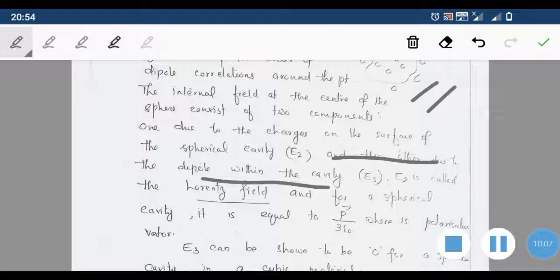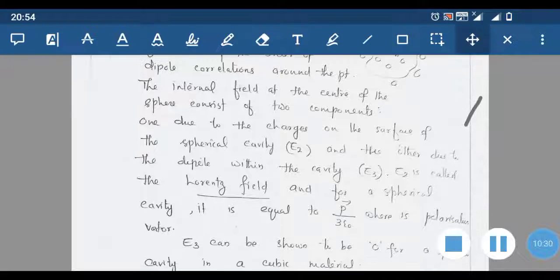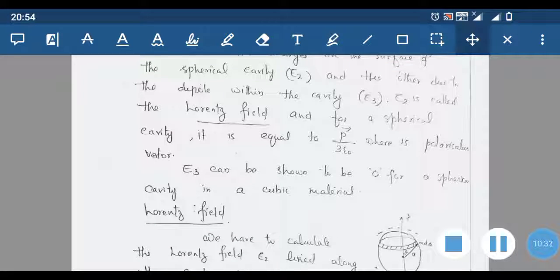So the second part of E local can again be divided into two, E2 and E3. E2 is because of the charges on the surface, and E3 is because of the dipoles within the cavity. E2 is called the Lorentz field. So that is important. E2 is the Lorentz field, and for a spherical cavity it is equal to P divided by 3 epsilon 0, where P is the polarization vector.